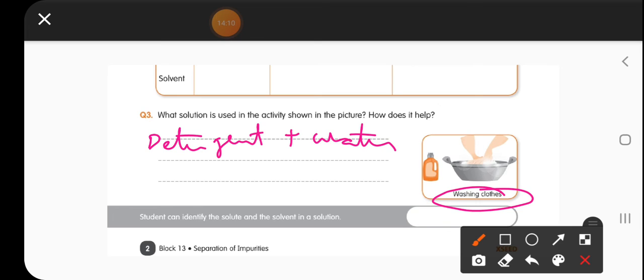They are also asking, how does it help? It helps to clean the dirt that is present on the clothes, whether it is a dishwash detergent or for washing clothes.